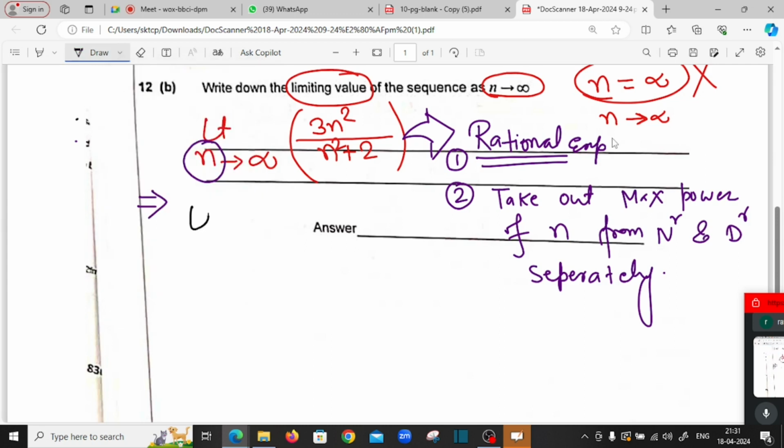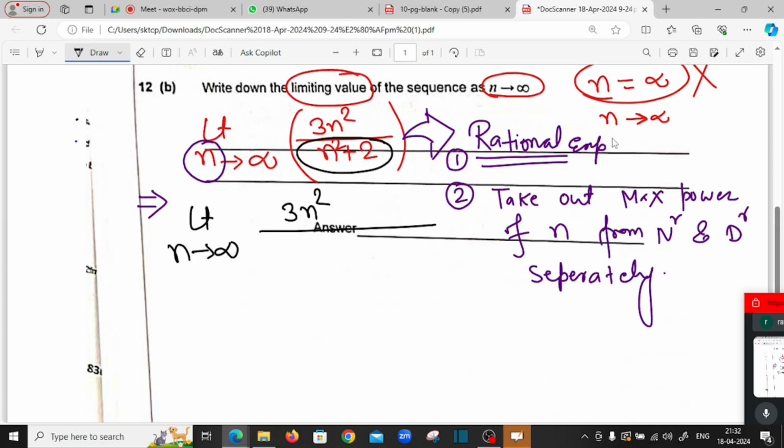What does it mean? Let me write, limit n tends to infinity. In numerator you have 3n square, there is no other term, so no meaning of taking common. But in denominator we have two terms, n square plus 2. So in denominator, what is the maximum power of n?